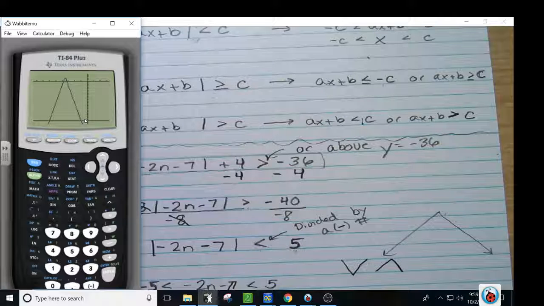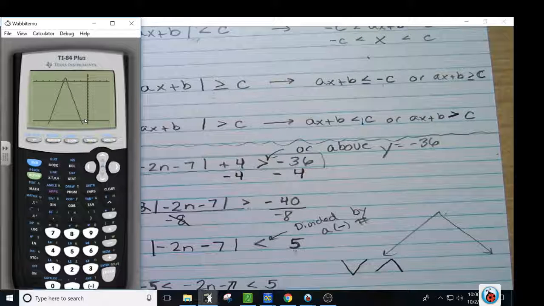Where is it above the line? The two outsides or the inside? When is it above the negative 36 line? Well, you've got x values less than negative 6, x values greater than negative 1, or you've got this middle region. This is your outside region.